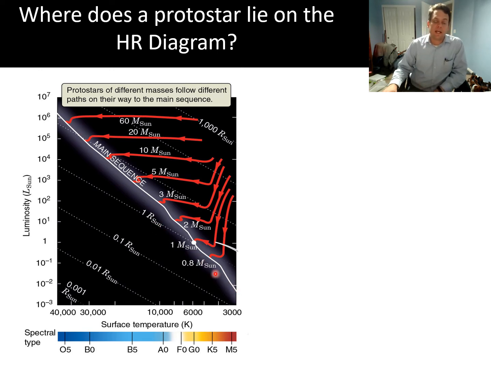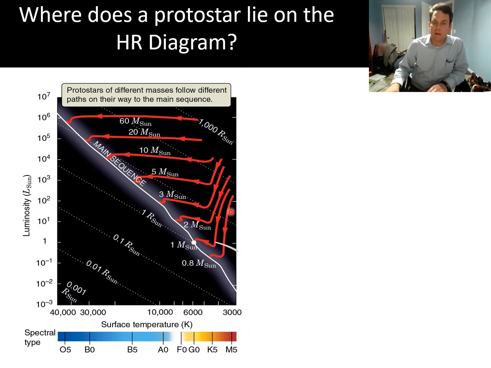I haven't shown you, for simplicity, I've taken off the giants and the white dwarfs here because we want to focus on protostars. Protostars lie in the upper right-hand part of the HR diagram, because they're big, because gravity hasn't fully collapsed them yet. But it's kind of interesting, and this may come as a surprise to you, they can be quite luminous. These different tracks are progressions of protostars as they turn into full-blown stars for different masses.